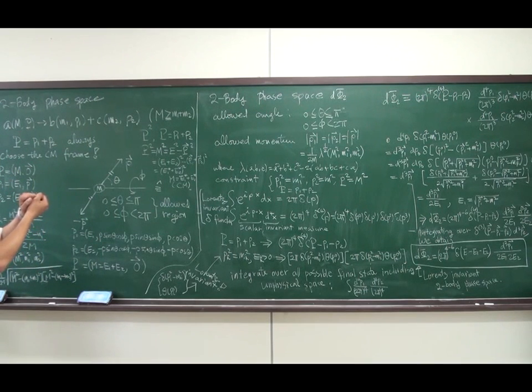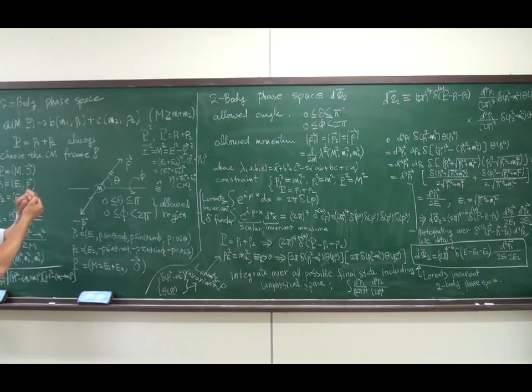And if the mass of capital M is greater than m1 plus m2, then the two particles can move. In the center of mass frame, the sum of the two momenta must be 0, because the initial particle was at rest, so the sum of the momenta for the final state must be the same as the initial state.